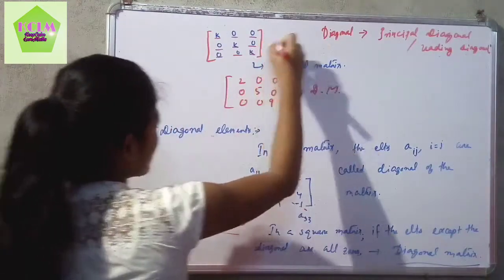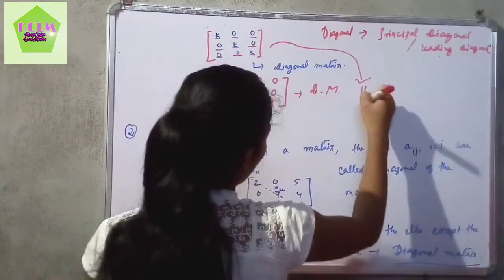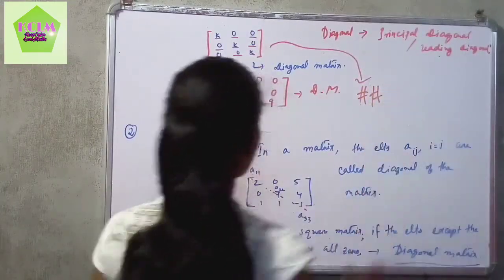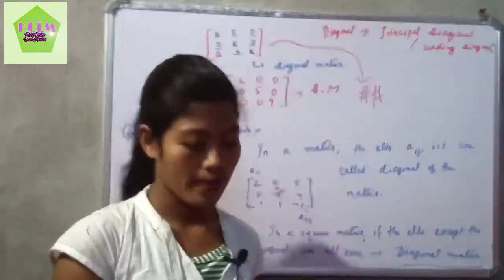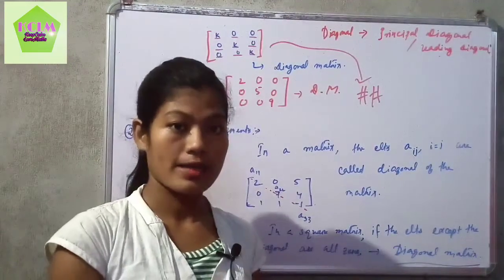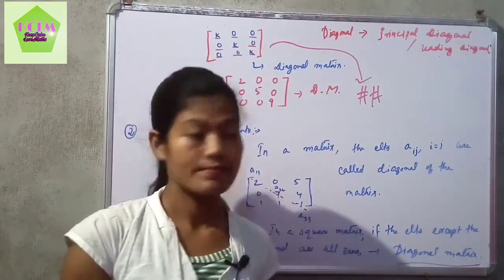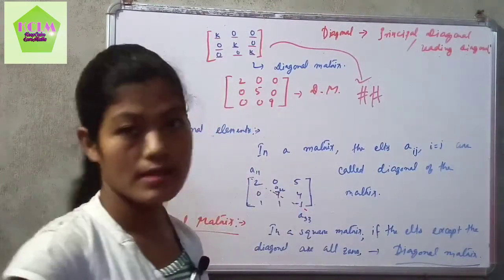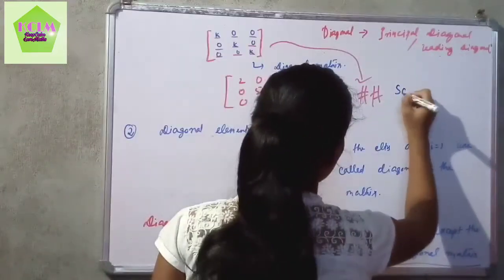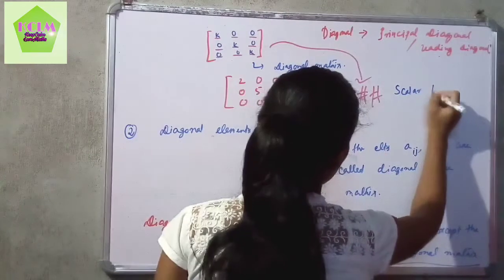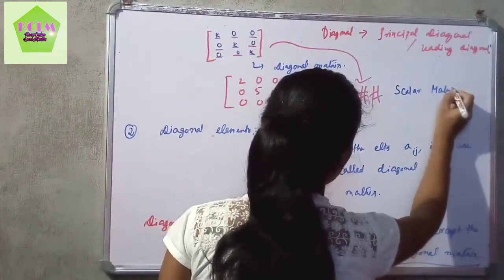But in this matrix, here we have a point. What is the point? If the diagonal elements are all equal, if the diagonal elements are all the same, then this matrix is called a scalar matrix. This is also another type of matrix.